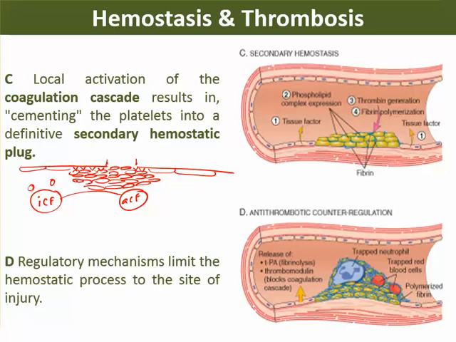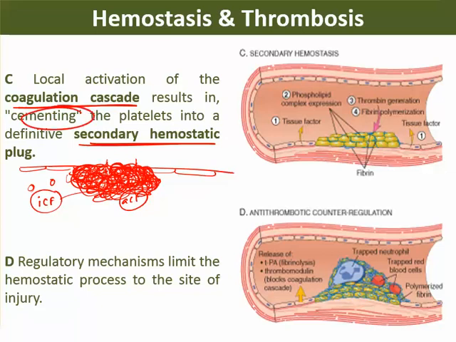You know cement? It's a protein and it goes in between the platelets and forms a very strong clot. It is called the secondary hemostatic plug, and it is because of the clotting factors, which act like a cement that cements the platelets.